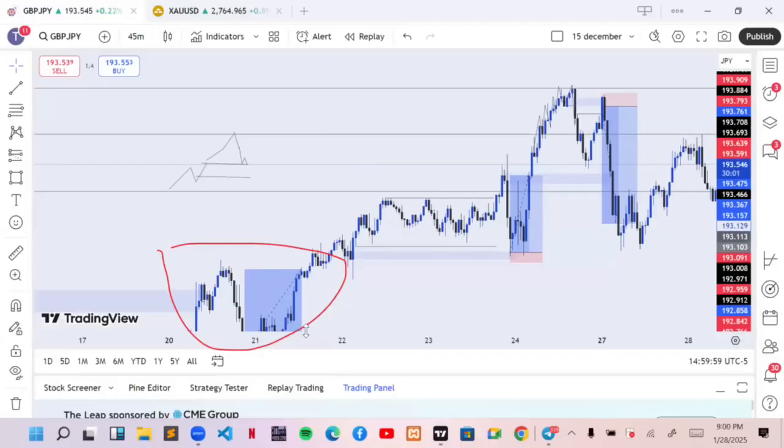Okay, thank you very much. So what if price gets to your resistance zone and we now see a market structure shift? What is the best time frame to use? Is it 15 minutes? From your own point of view, what's the best time frame to use?